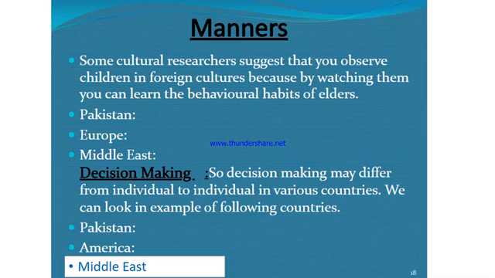Rather, in Japan, they believe in participative decision making, which means that before making a decision or implementing policies, they take input from the people who ultimately have to work on them, rather than just deciding and forcing them to follow.